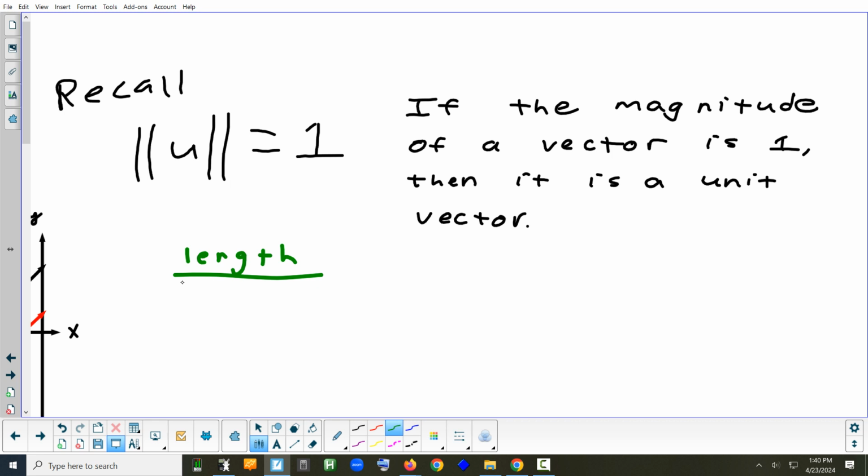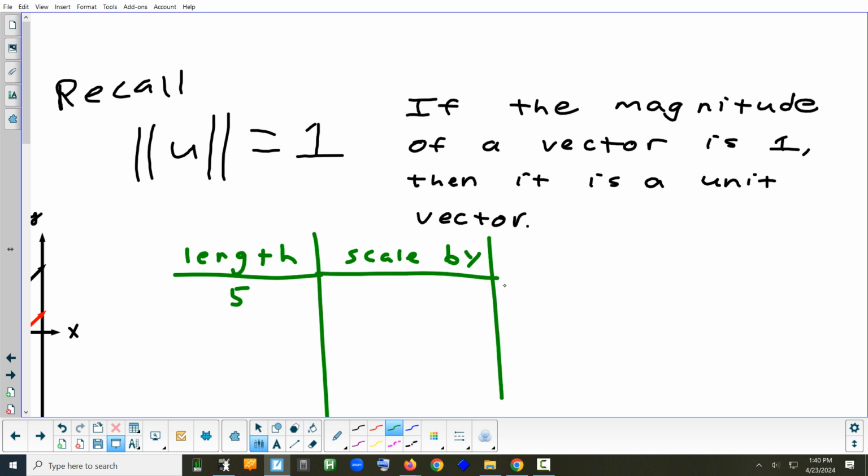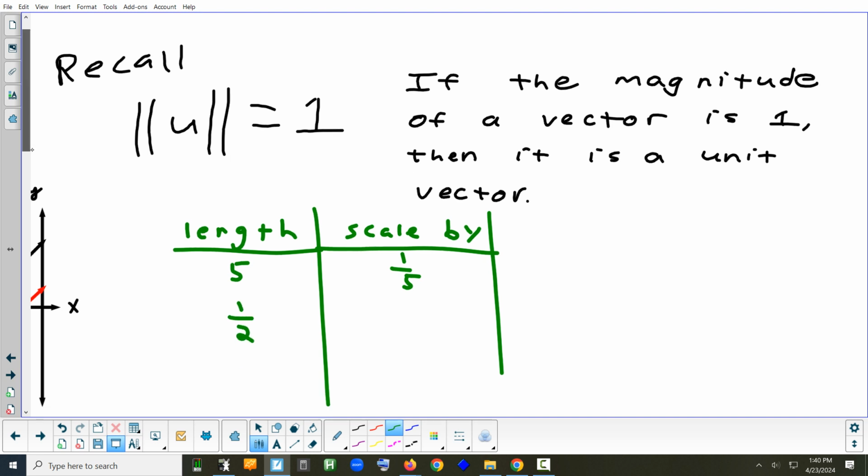Let's say I gave you a vector that had a length of 5 units. What would you have to scale it by to make it 1 unit? Okay, it's 5 times too big. Yeah? 1/5. You would scale it by 1/5. Okay. What if I gave you a vector that was half a unit long? 2.